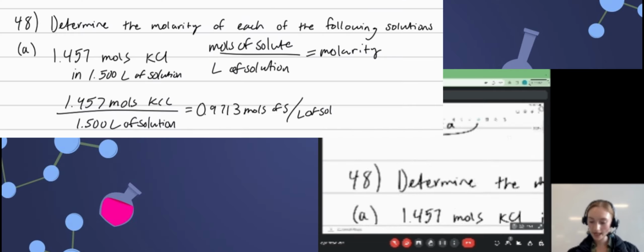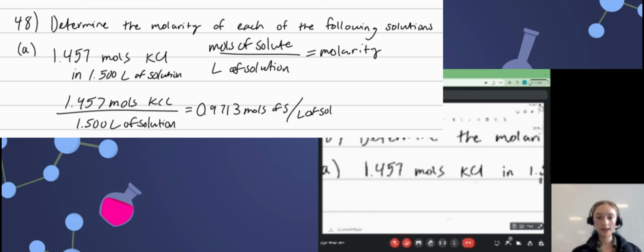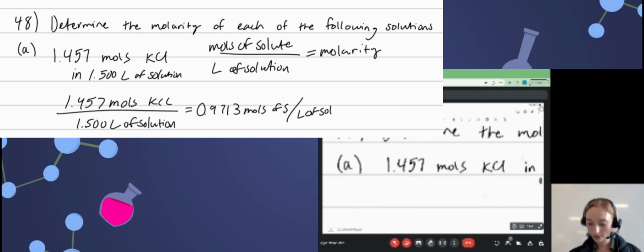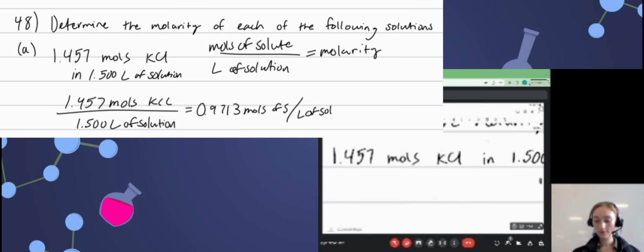And so 48 is asking us to find the molarity in each of these solutions. So for 48A, we have 1.457 moles of potassium chloride, and 1.500 liters of solution.